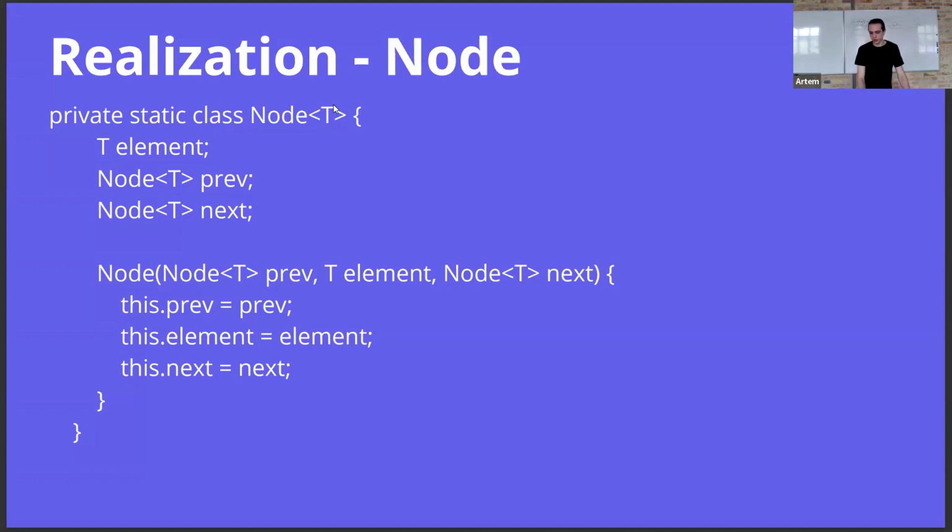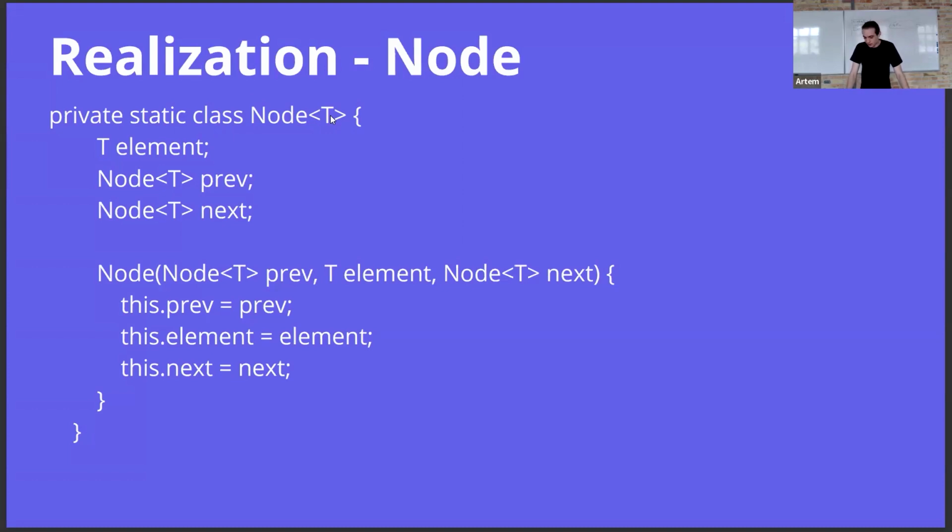So how does it work? When we're creating an object of class Node, we need to pass the data type of its elements inside those triangle brackets.